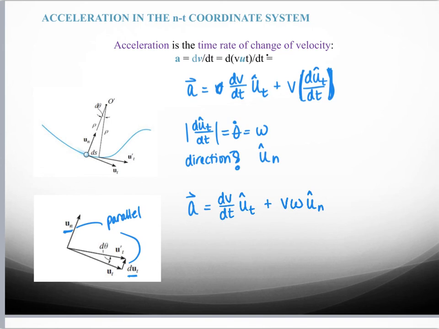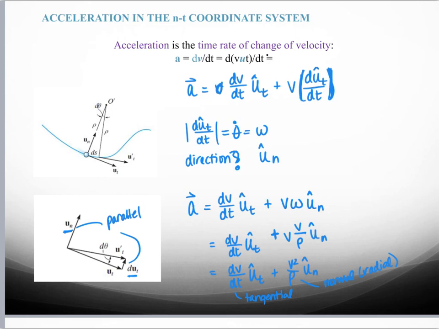Now that might not look as familiar, but if we do a little bit more with that, remember omega, angular velocity, can be written as velocity over rho. And this is equal to dv dt ut. And so this is the tangential component of the acceleration, and this is the normal or the radial component.